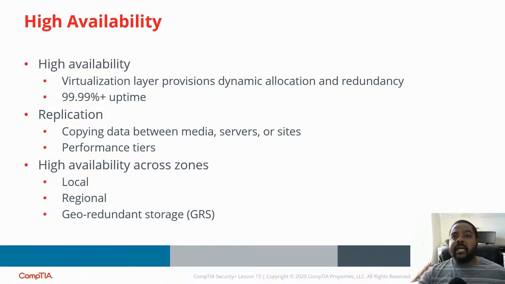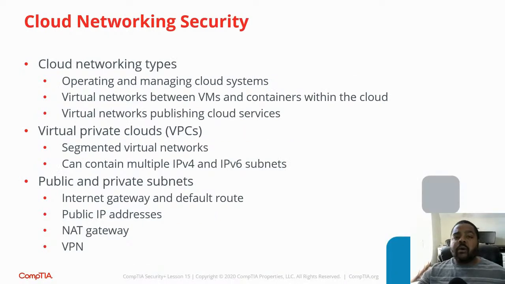So having a cloud instance back that data up or make that data available at any given time is something that we want to look into, making sure that we have the proper cloud provider in place in order to make our data available.